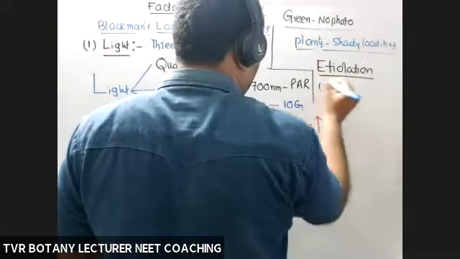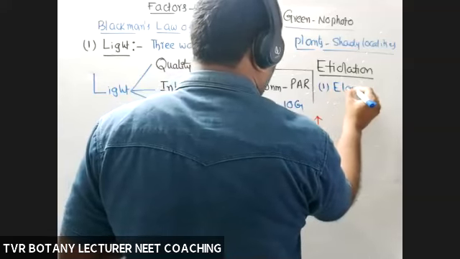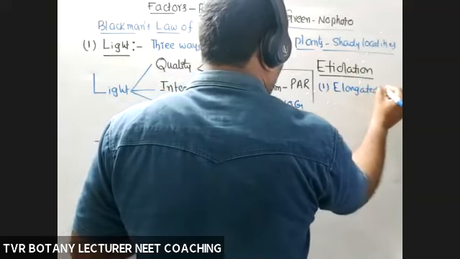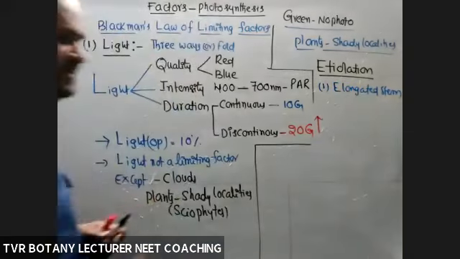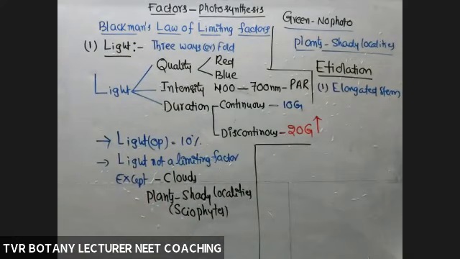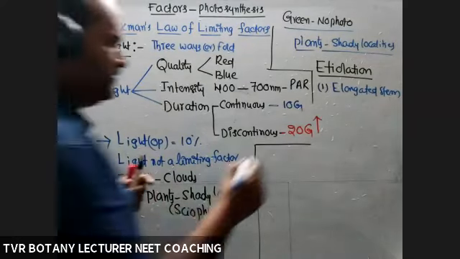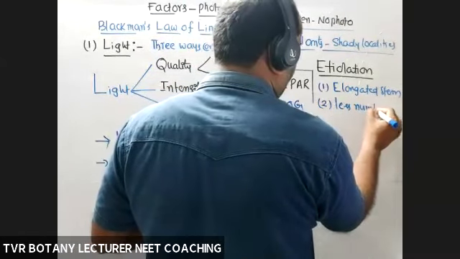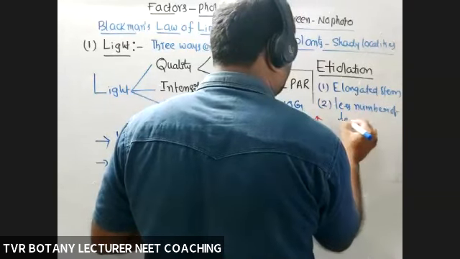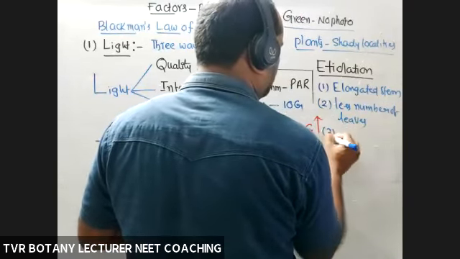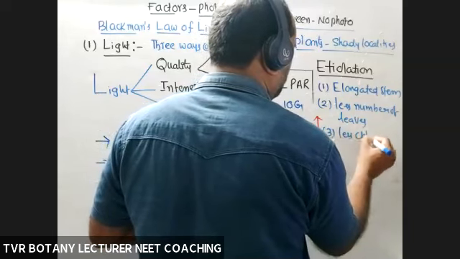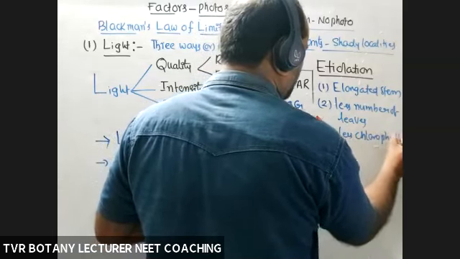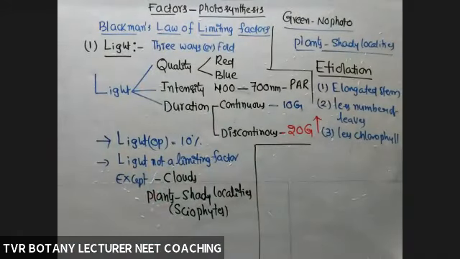One, an elongated stem, a weak, feeble stem, not a strong one, with over-elongation. Second, fewer leaves. Third, less chlorophyll. Particularly fewer leaves, but more particularly less chlorophyll. Leaves with less chlorophyll is nothing but etiolation.